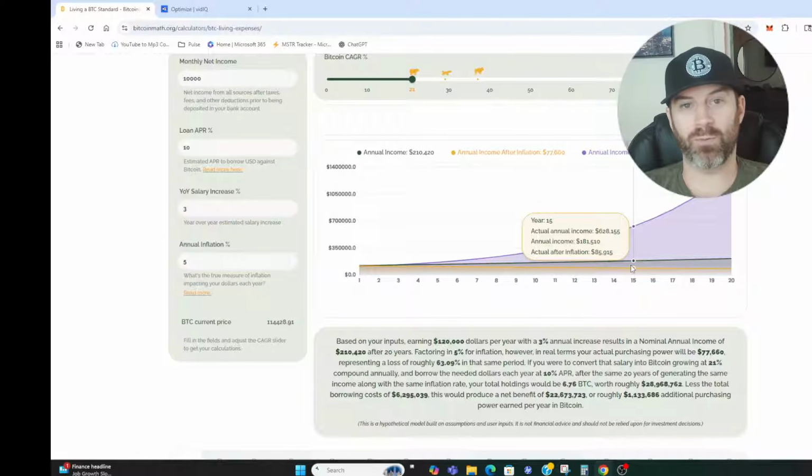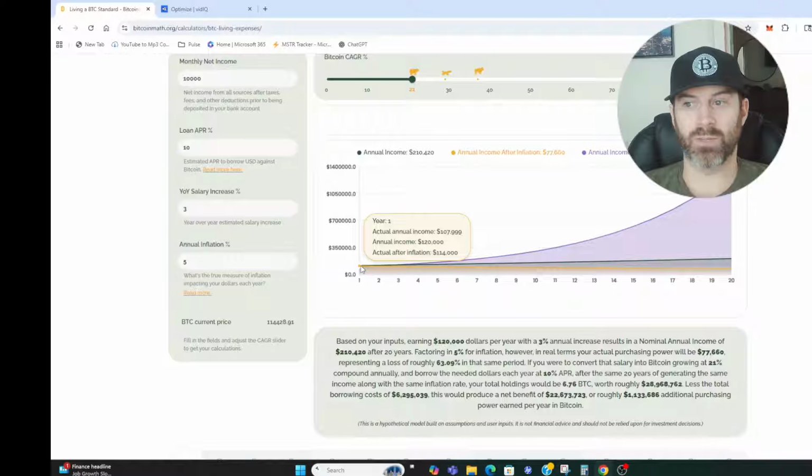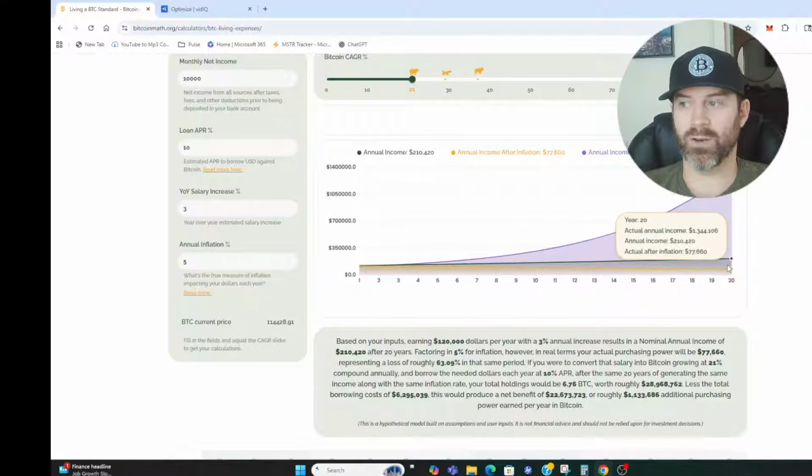Even though you're earning 3% more per year, your actual after inflation is 114, but by year 20, your actual after inflation has gone down to $78,000. That's because the rate of inflation is higher than the increase in your income.